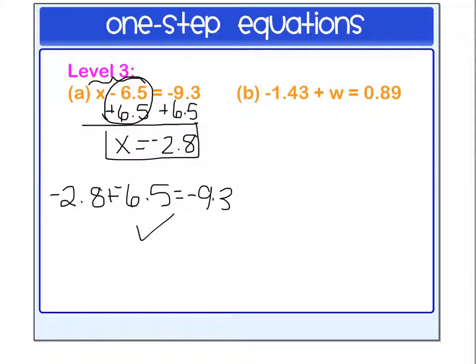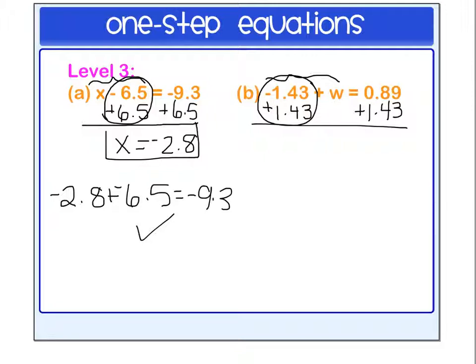Question B is where a lot of students end up making mistakes because they want to get rid of this minus 1.43 by putting a minus 1.43 on both sides. But what I want you to notice is that what's in this O is not opposites. In order to get rid of it, you have to create the opposite of a minus 1.43, and the opposite would be a plus.